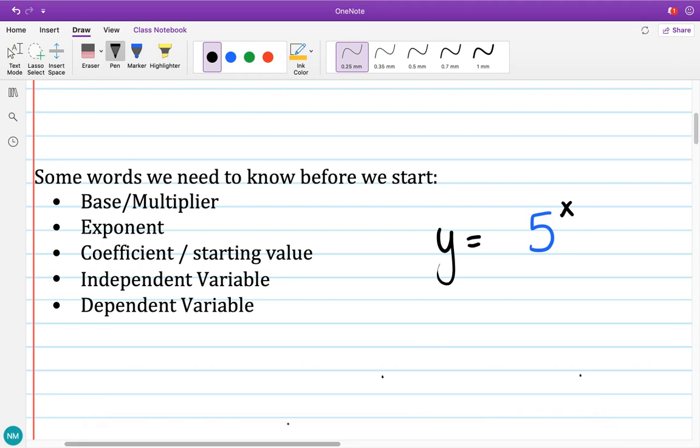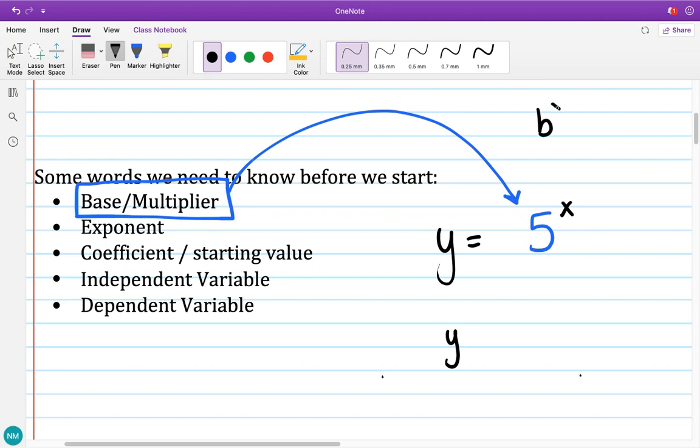The first thing you need to know is the base and the multiplier. The base and the multiplier is this number right here, whatever is being raised to whatever power it is. The reason it's called the multiplier or the base is just because it's underneath the exponent, right?